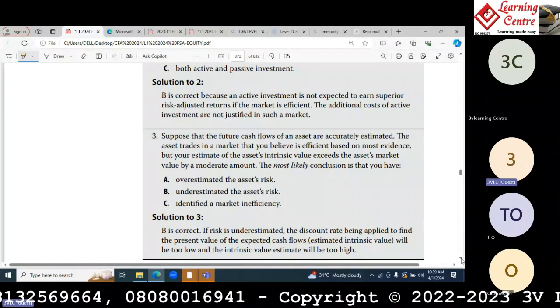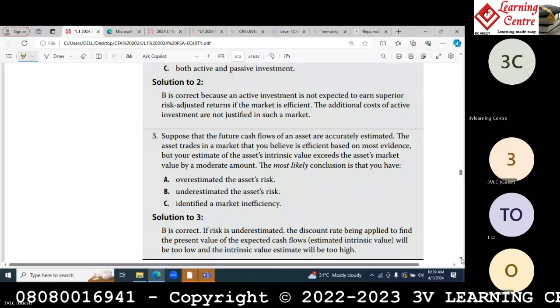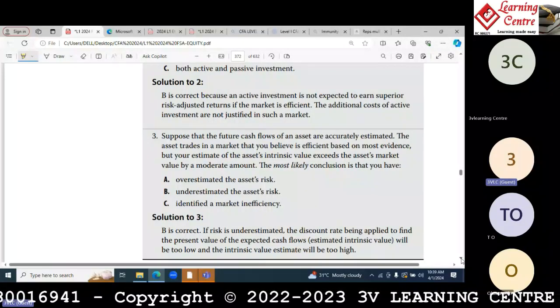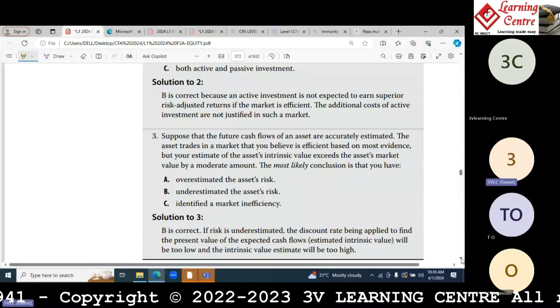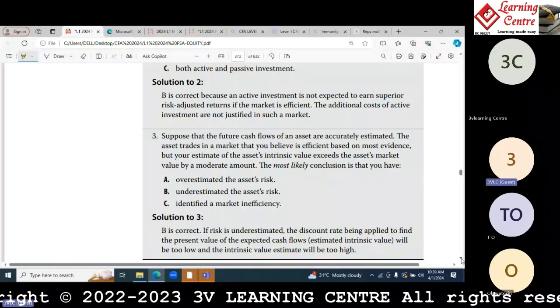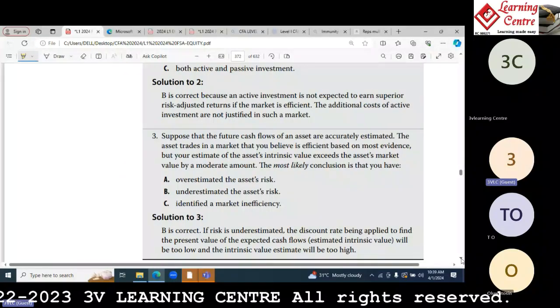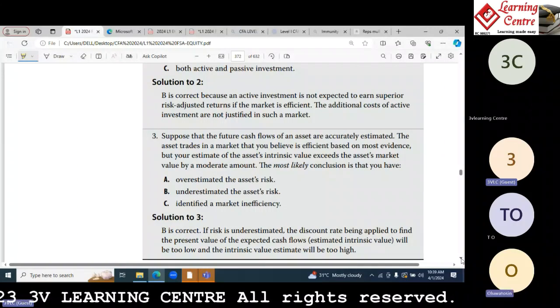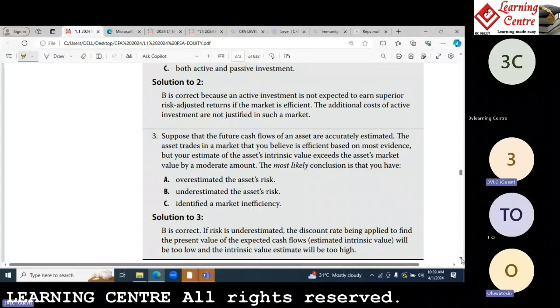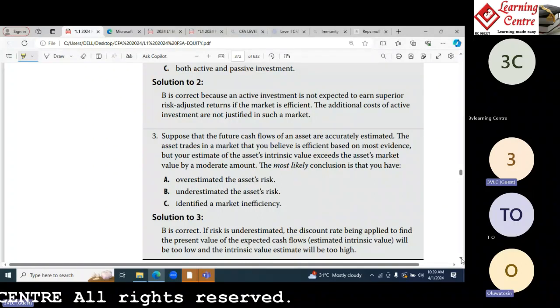There's an inverse relationship between value and the discount factor, which carries risk. If my discount factor is high, my value is low. If my discount factor is low, my value is high. So for me to have a value higher than what it should naturally be, my discount factor must be low. That means I must have underestimated the discount factor.